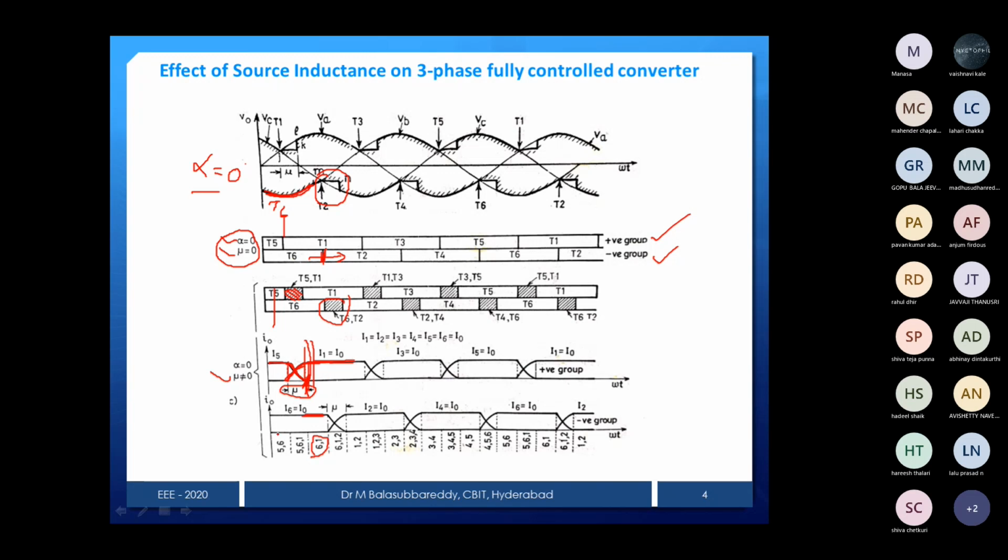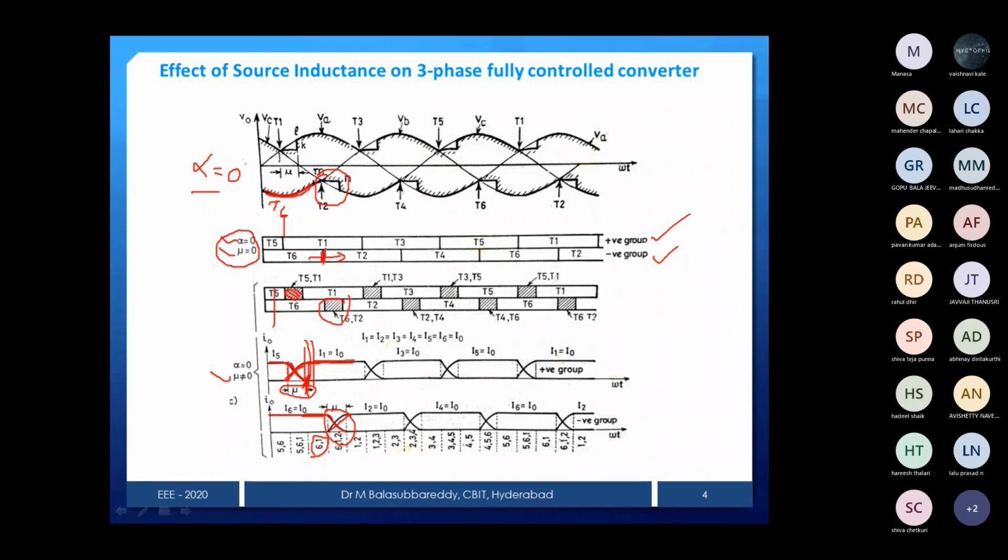In the lower group current waveform you can see that it carries the I6 current, and then there is a changeover at this point, then this current will gradually decrease and the thyristor T2 current will gradually increase. During this overlap period, both devices will be conducting and positive group device 1 is already in the conducting state, therefore 6, 1, 2 will conduct.